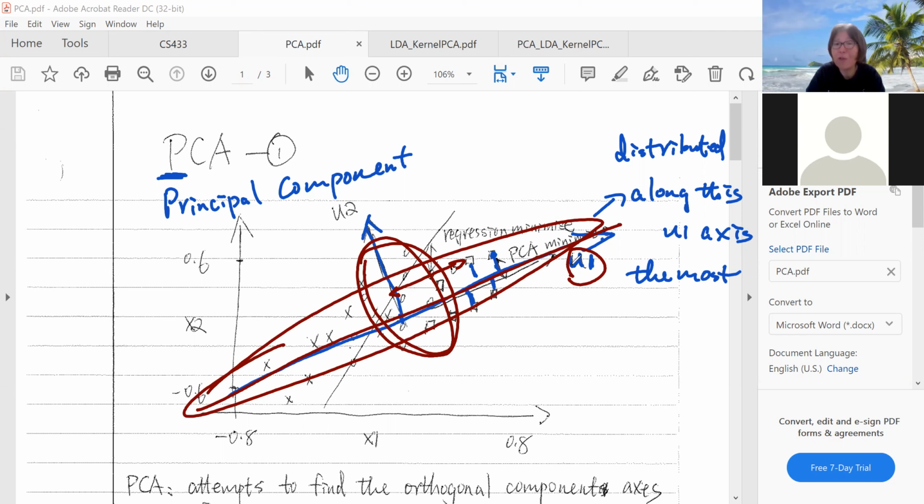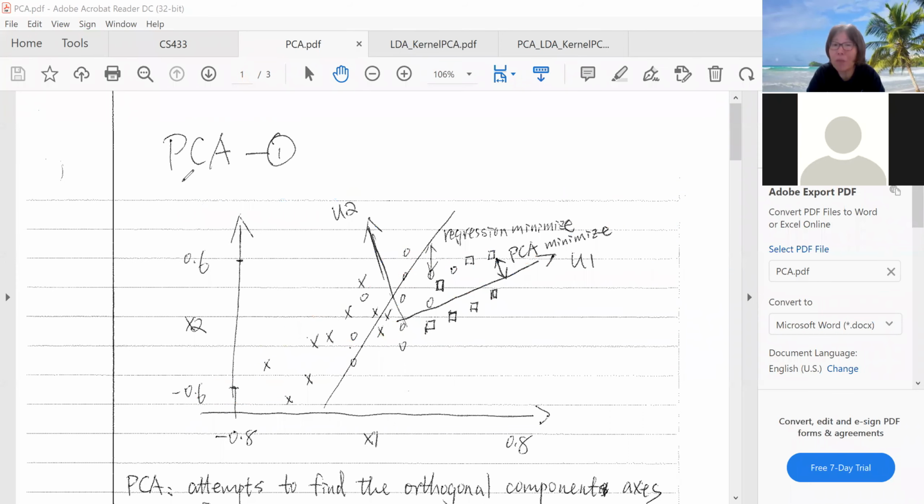U1's influence is the most. Okay, so that's the idea behind the principal component.